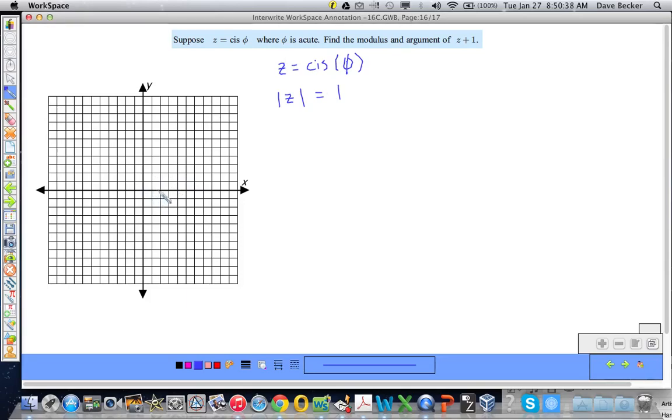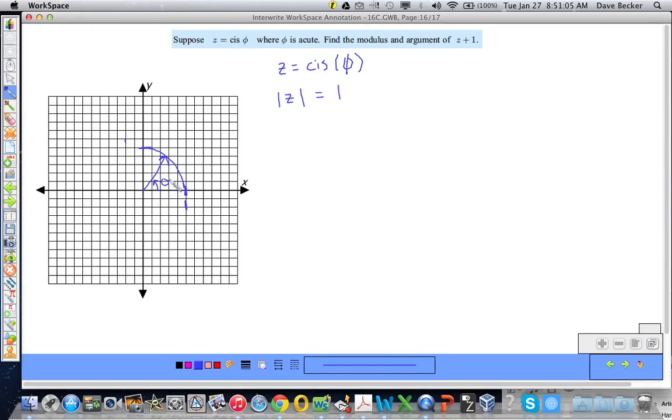So let's say this is 1, and that this is 1. If you can imagine the unit circle here, or part of it, let's say this is phi right here.